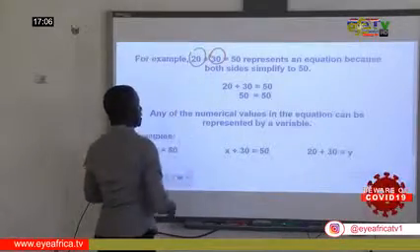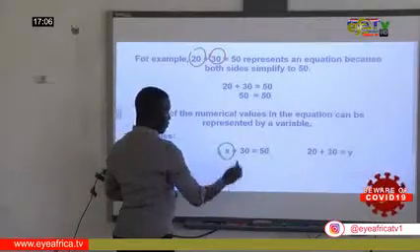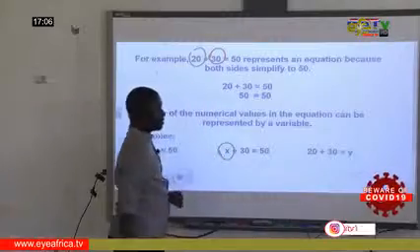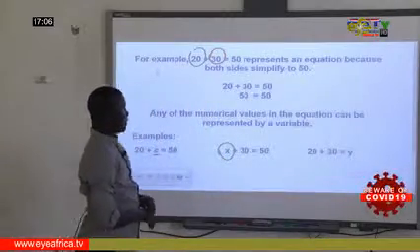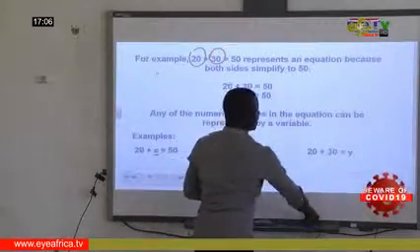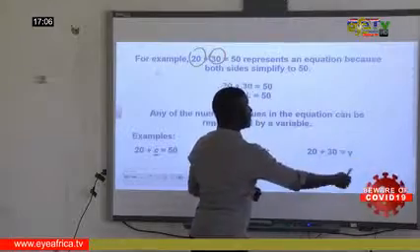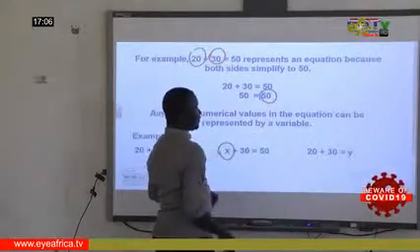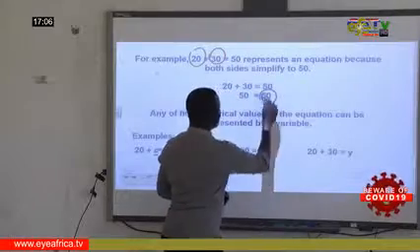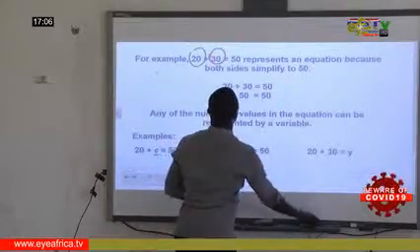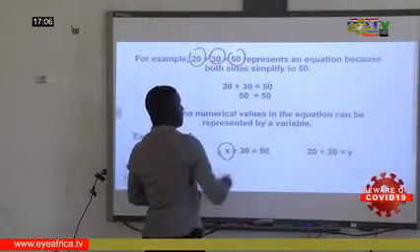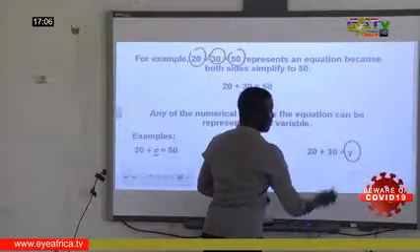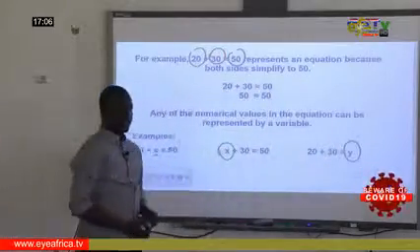We have replaced 20 here with another variable x. And then we can further see 20 plus 30 equals y. We have replaced 50 with the variable y.